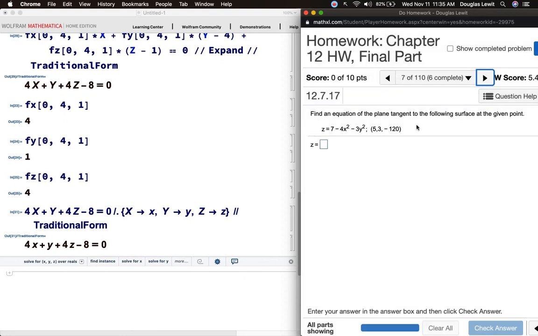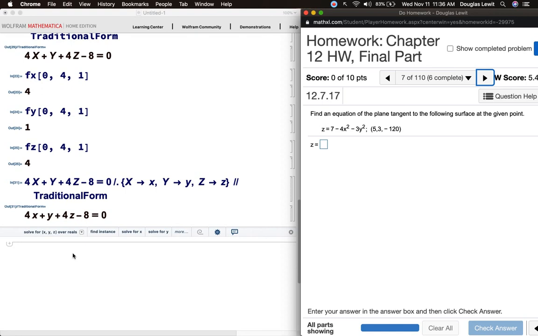For number 7, we're not given the equation of a level surface. This is simply a function of x and y. So this problem is a little bit different. It's similar, but a little bit different.